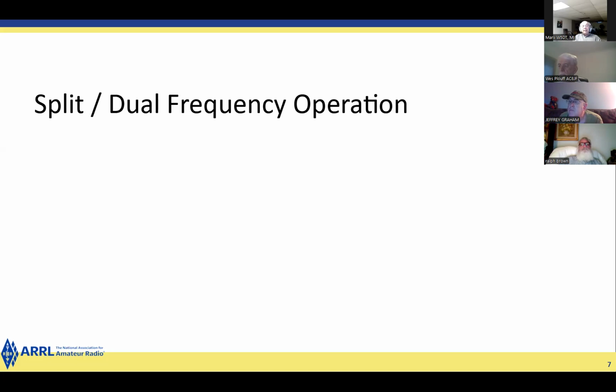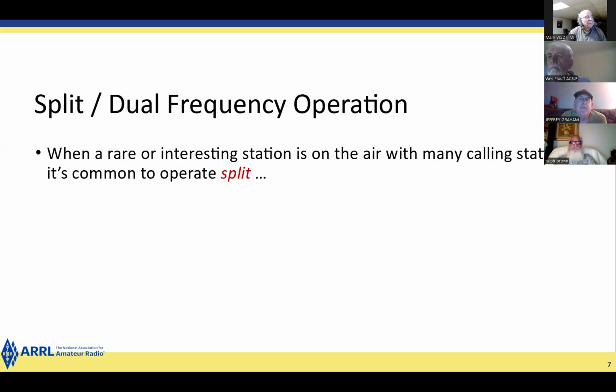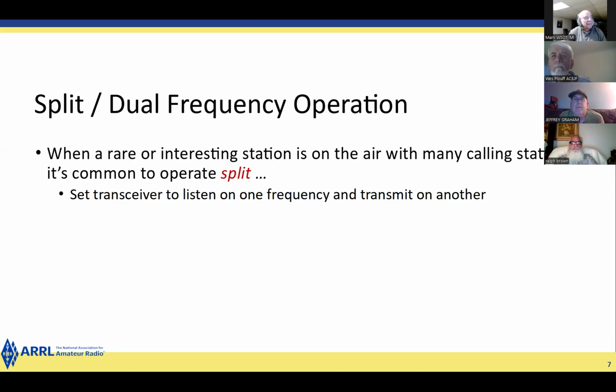In fact, it'll sound like a zoo when you get on the air and you start listening. It'll sound like a zoo, but it's the only way that they can control it. It's quite common to operate that way. So as I say, you're listening on one and transmitting on another.